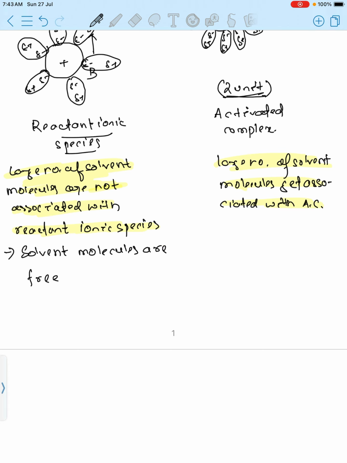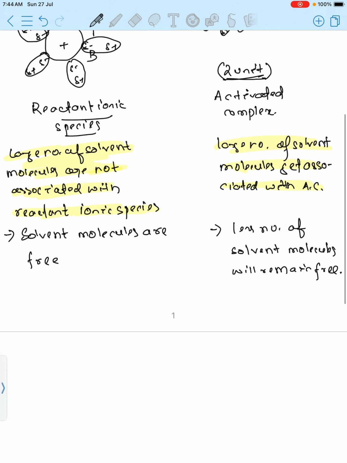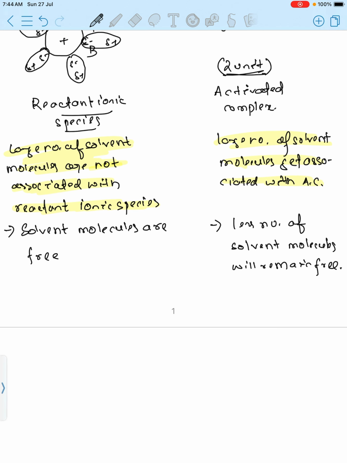And this I am talking about in comparative study. But here, a large number of solvent molecules remain intact with the activated complex. Therefore, very few solvent molecules will remain free. And what do I mean by free?